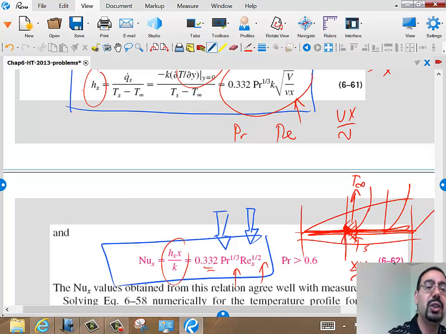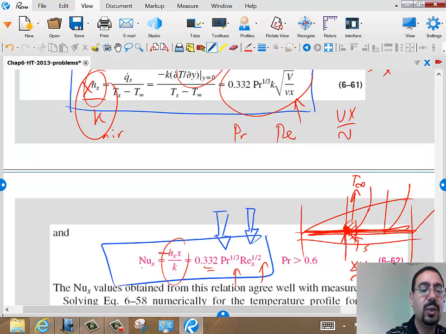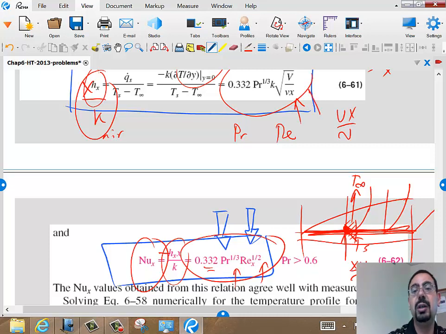So rather than giving h, they will multiply this h by x and divide over k air. Now this x h over k, by definition, is called the Nusselt number. And so they will report the Nusselt number as this. So this came just from multiplying this equation here by x and dividing by k.